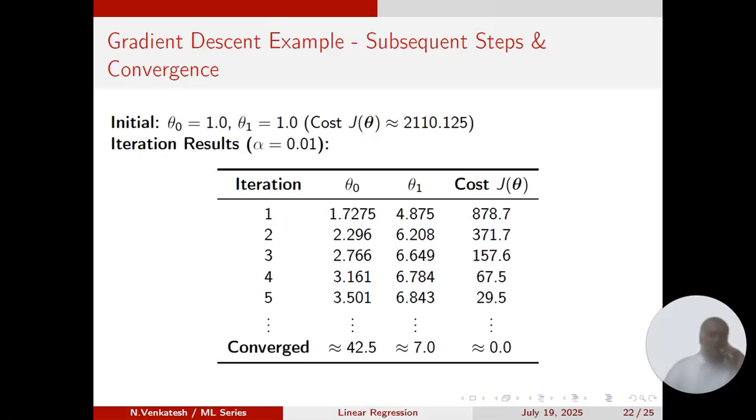Something like if j of theta is less than 0.5, then stop, or if j of theta is less than 1.0, stop. So if j of theta is within some threshold, we can say that it has converged to a solution, or we do it for some number of iterations, then we say that it has converged to a solution.